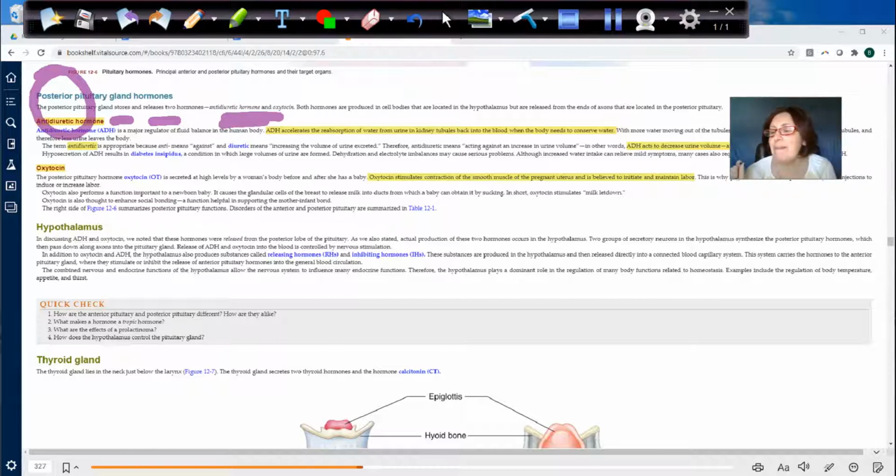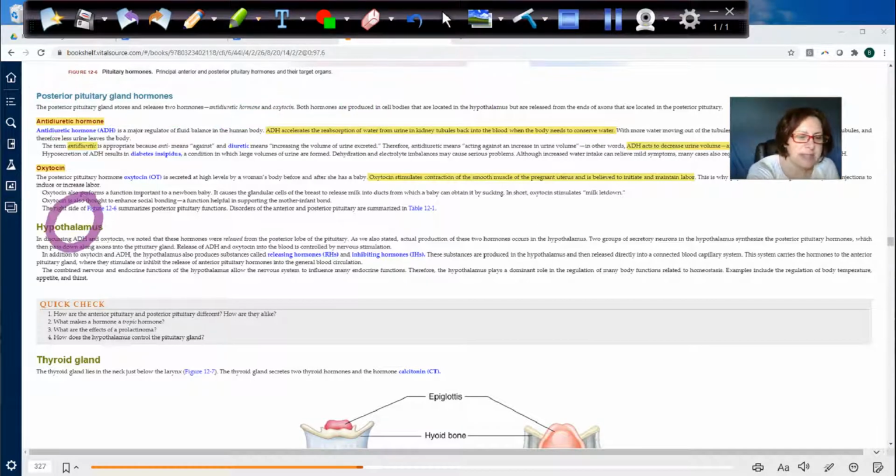However, they do not make them. They are produced by the hypothalamus. Okay, so the hypothalamus makes it and gives it to the posterior pituitary gland just to hold on to. And when you think we need it, go ahead and put it out to the body. Okay, but they don't make it. They're just like a distributor.